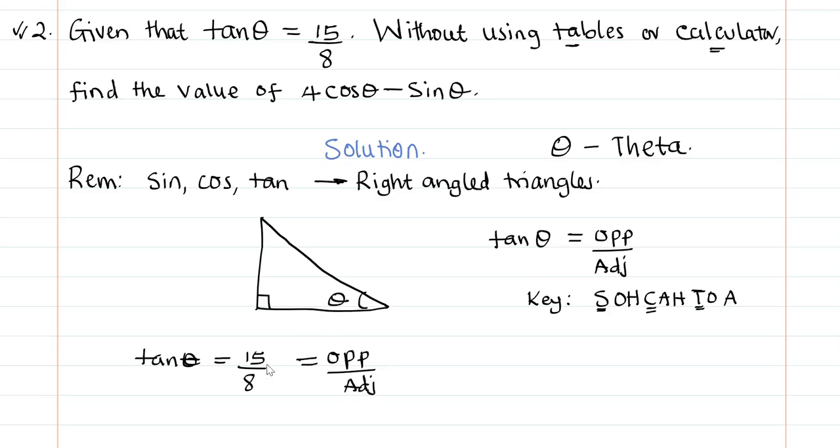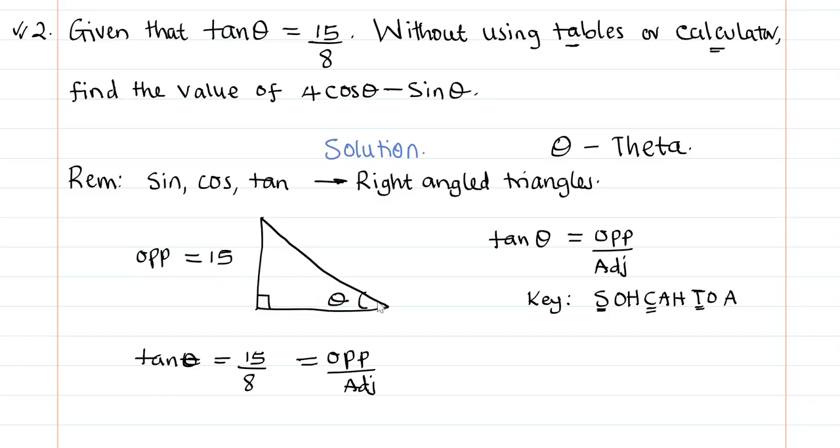This means that 15 corresponds to the opposite. Opposite to what? Opposite to the angle. So this is the length which is opposite to the angle theta. Our opposite is this side, which in this case we have as 15.